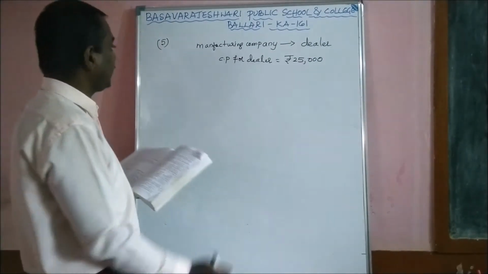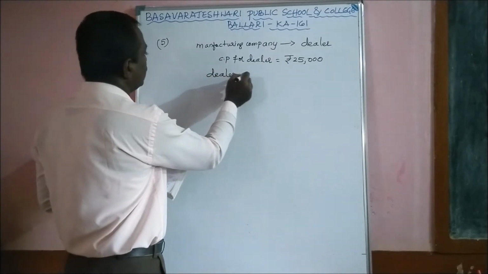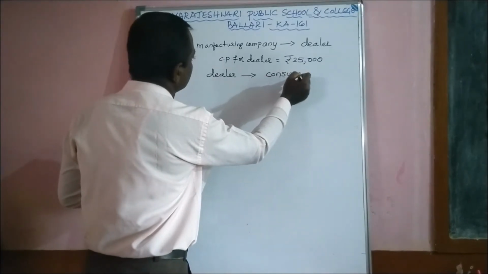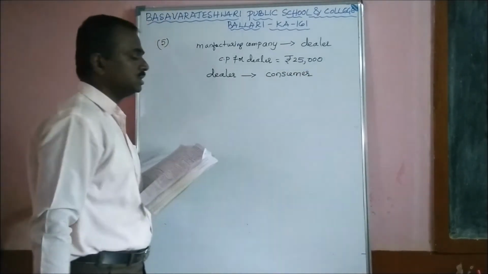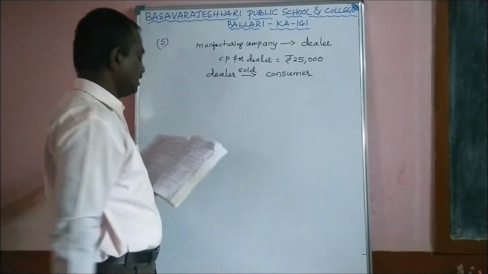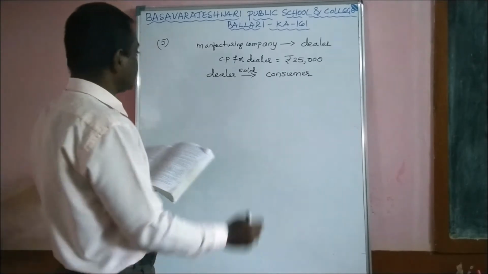Okay. Now what did the dealer do? The dealer sold it to a consumer. For how much he sold? With a profit of 20%.